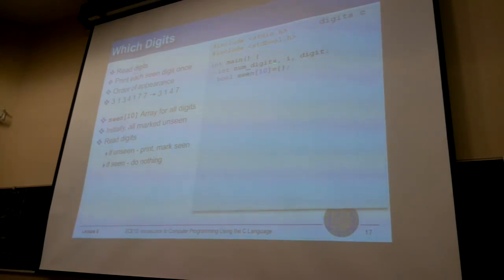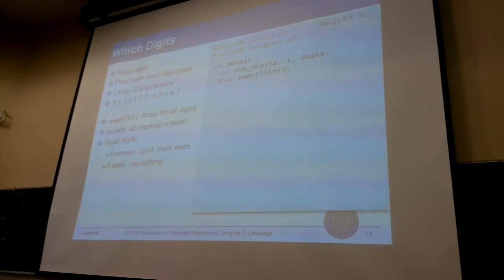We'll set up an array of bools here, and remember, standard bool allows you to just declare Boolean variables with this keyword bool. And so this obviously has 10 elements, and we use the curly bracket initialization, which sets all of the values to 0 or false. So the interpretation of this array is all digits have not been seen yet.